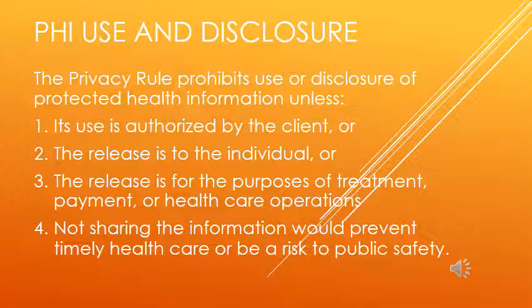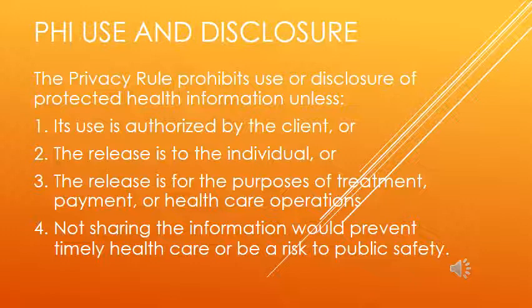And finally, number 6, by an agency in a medical emergency not occurring on its premises when necessary to inform law enforcement about the commission and nature of a crime, the location of the crime or crime victims, and the perpetrator of the crime.